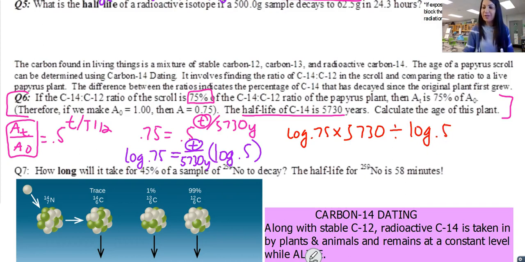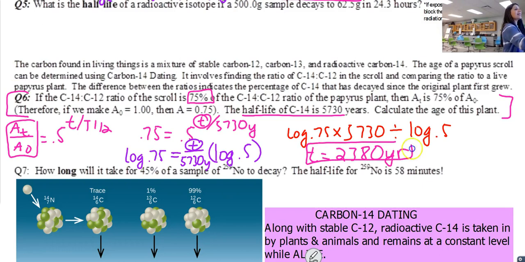When I do this calculation, I end up getting 2,380 years as how old my papyrus plant is. That's called carbon-14 dating, the method of how they figure it out.